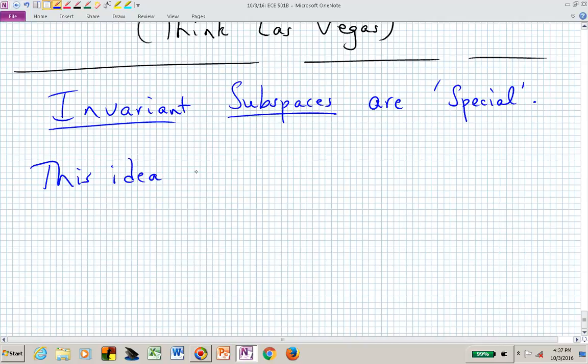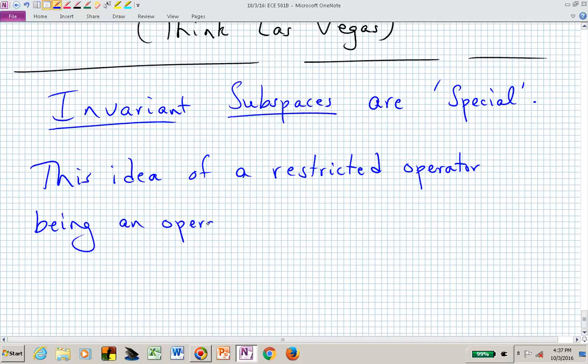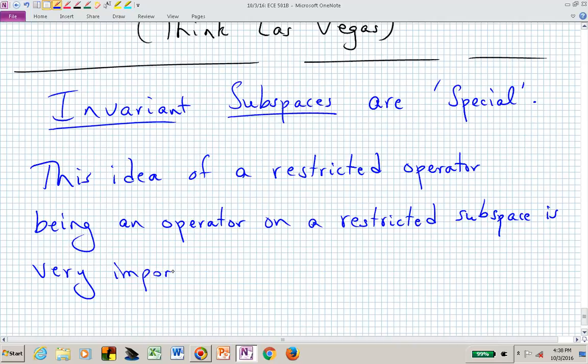This idea of a restricted operator being an operator on a restricted subspace is very important.